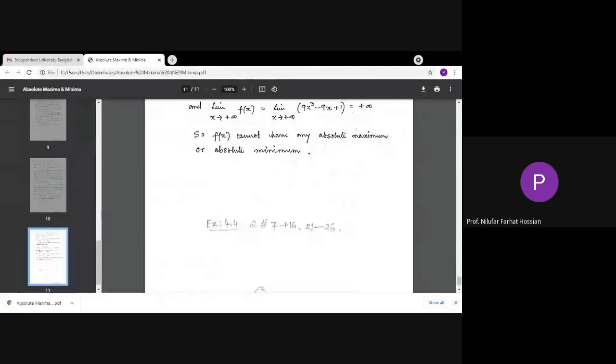Absolute maxima and minima, it is exercise 4.4. I think the application of maxima and minima was 4.3. I mentioned the exercise in our last class. Miss, the course outline says 4.5. So yes, it will be 4.5.